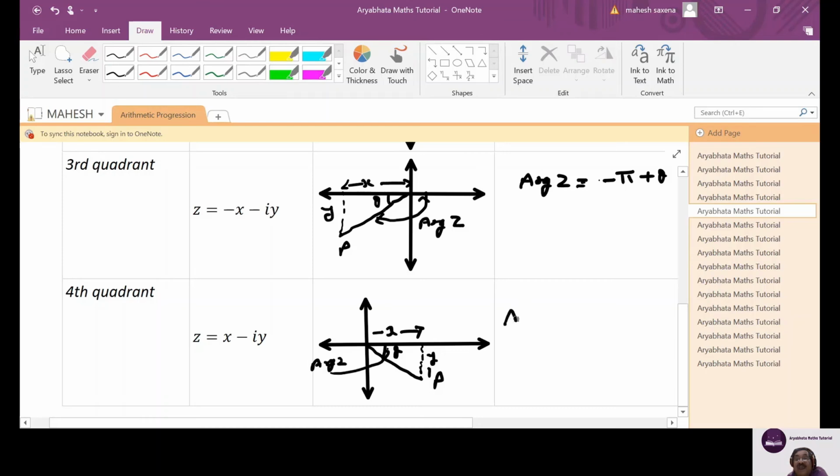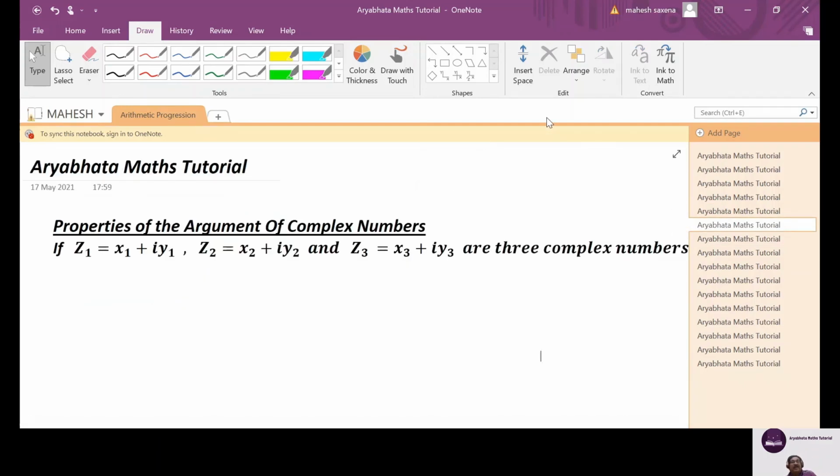Therefore, in this case, argument z is equal to minus theta. You might have understood how we calculate the argument if the points are in the first, second, third, and fourth quadrants. Now we come to the properties of the argument.